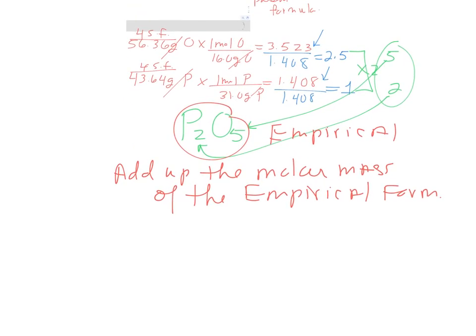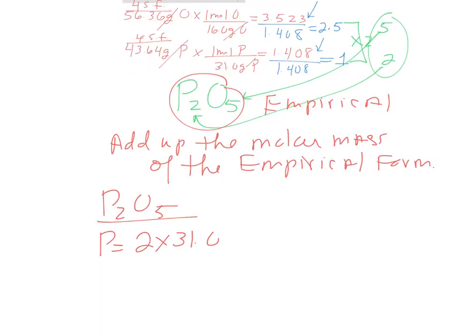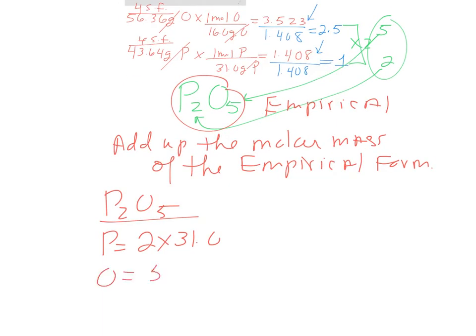So that's going to be P2O5, that's 2 P's, so 2 times 31, and oxygen is 5 times 16. 2 times 31 is 62, and 16 times 5 is 80, for a total weight of 142 grams.